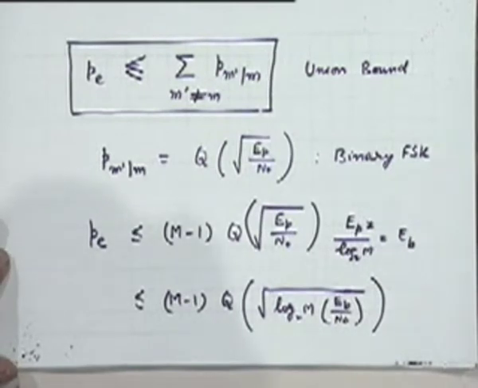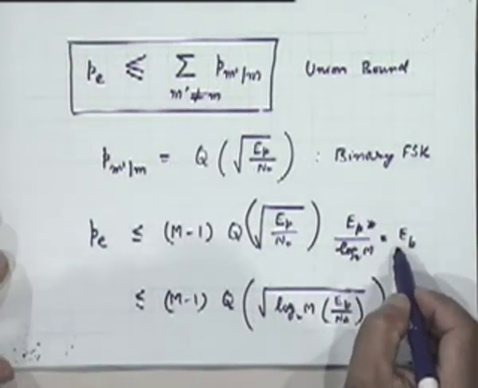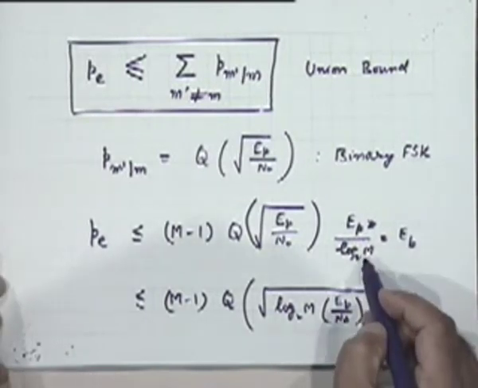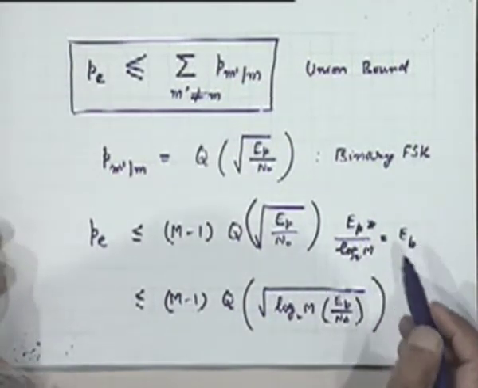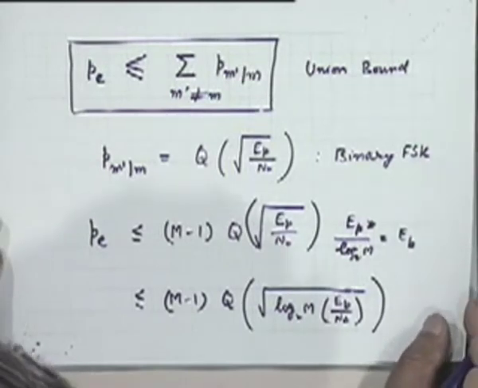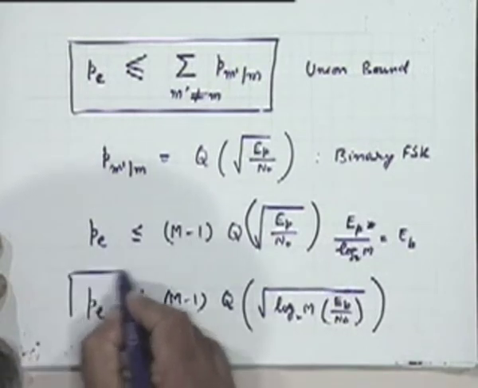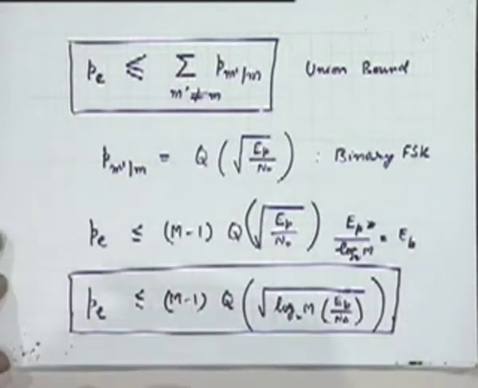You've written E_P by log M equal to E_B. Yes, E_P upon log 2 M, because it's the energy for k bits, k equal to log of M to the base 2. That's equal to the average bit energy, right? So that's a result that we get for the performance of M-ary orthogonal coherent demodulation, making use of the union bound.